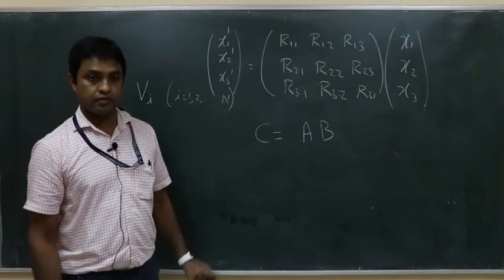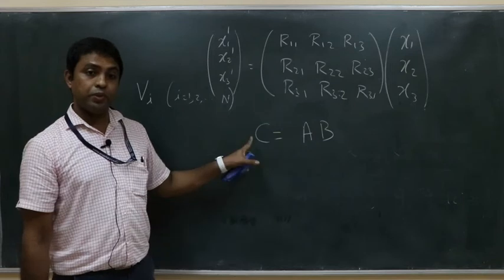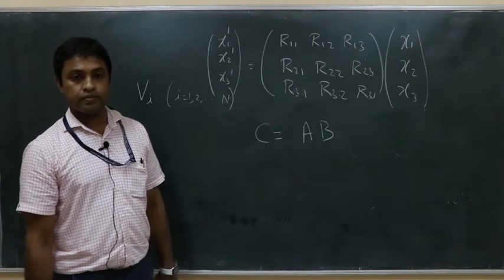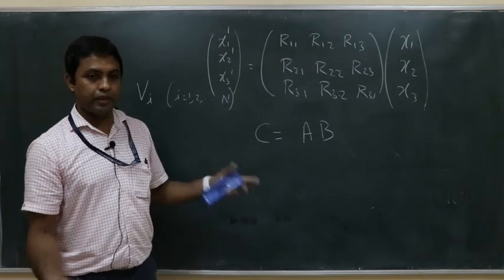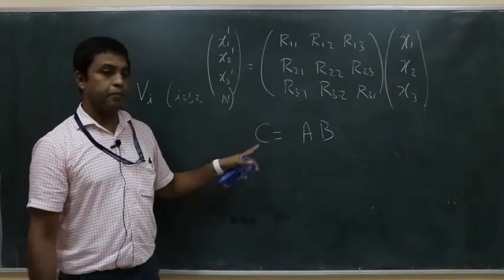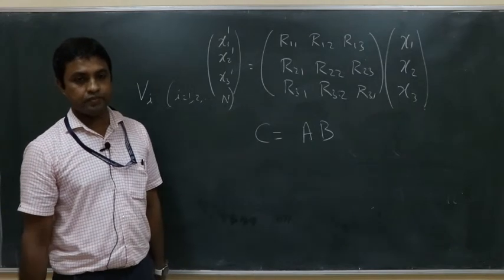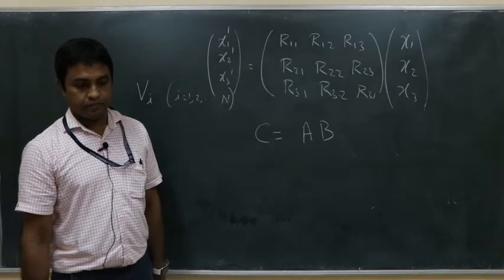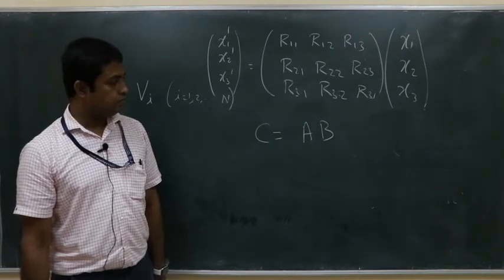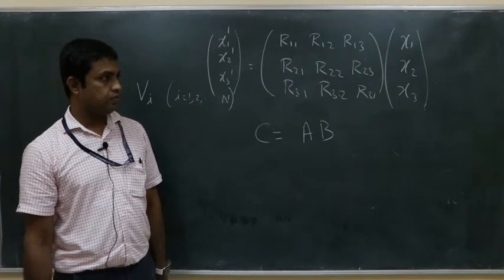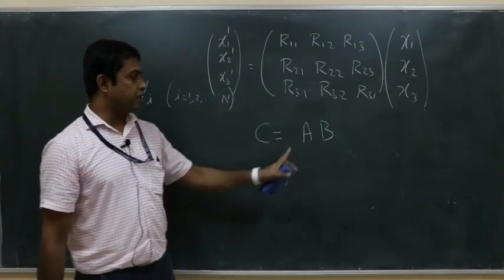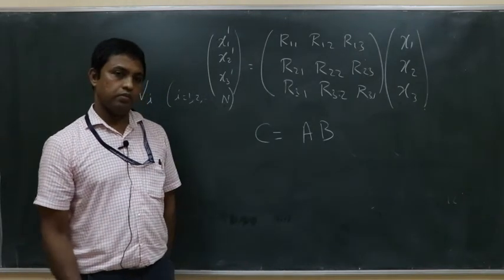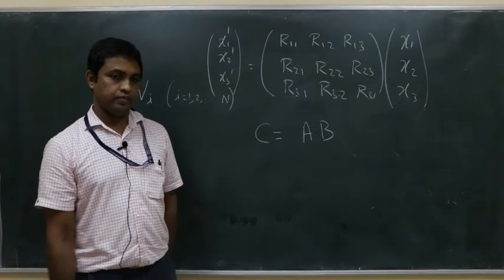They are matrices. Now, how many elements should C have? It is the number of rows of A times the number of columns of B. For example, let us take A and B as 2 by 2 matrices.